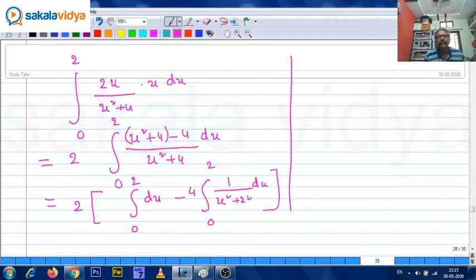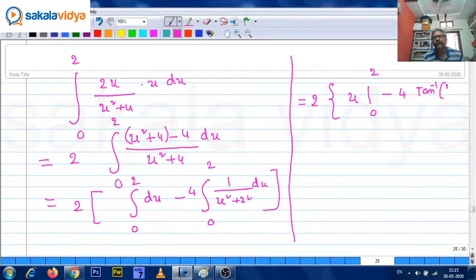So now this equals 2 times u with limits 0 to 2, minus 4 times tan inverse u by 2 into 1 by a. 1 by a means 1 by 2. Limits 0 to 2.